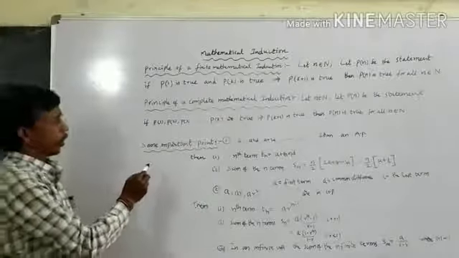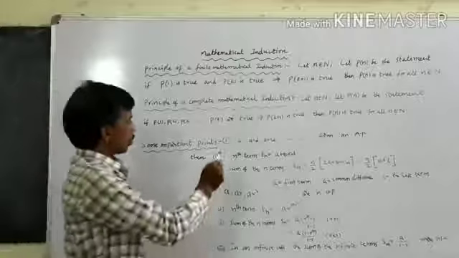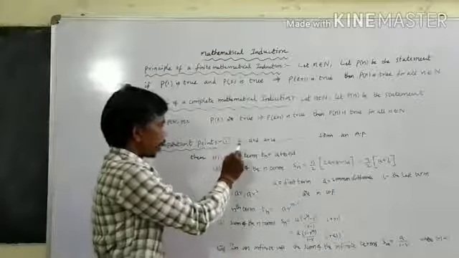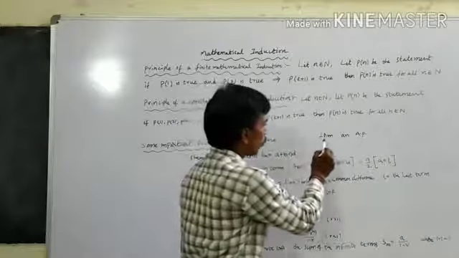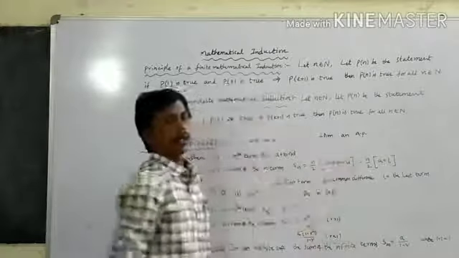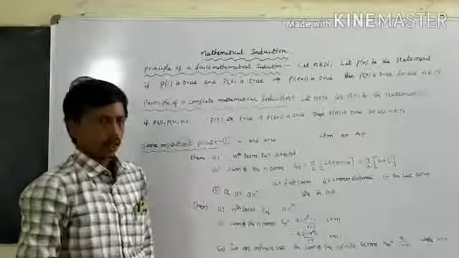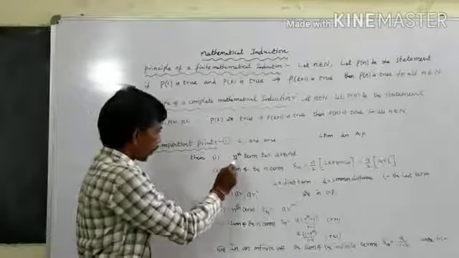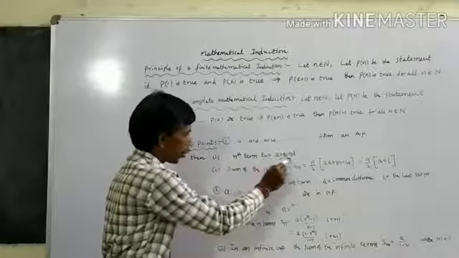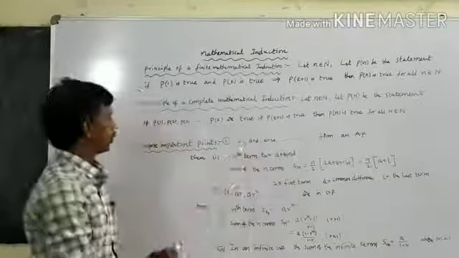Some important points. Number 1: a, a plus d, a plus 2d and so on form an AP, arithmetic progression. The first one, the nth term, Tn equals a plus (n minus 1) d.